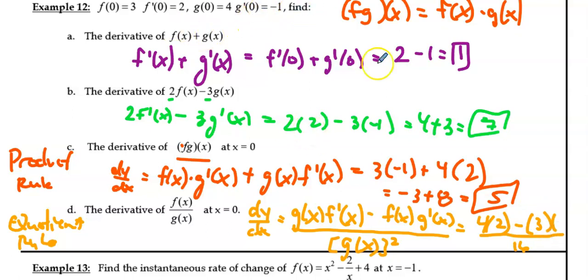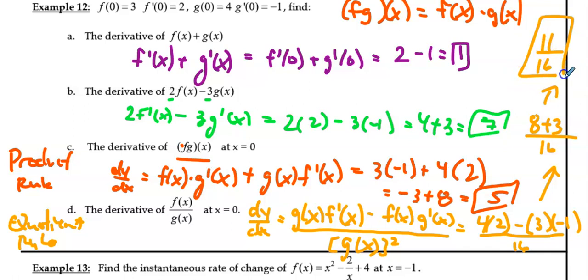And finally, g prime is going to be negative 1. And, like I said, if this was an FRQ, ladies and gentlemen, I would 100% keep it simple and not simplify. But if we are looking at multiple choice here, we're going to get 8 plus 3 over 16. So this answer is going to be 11 over 16. So that's going to be our derivative for this problem.